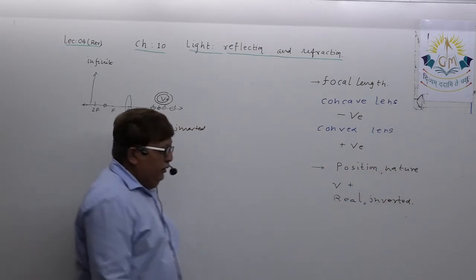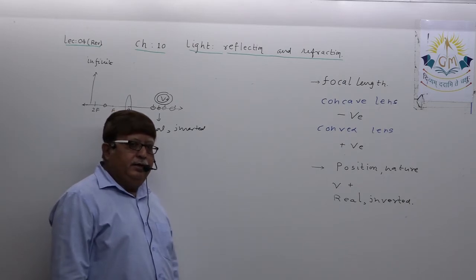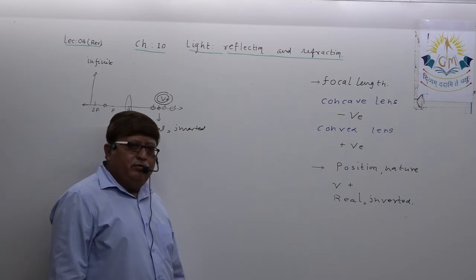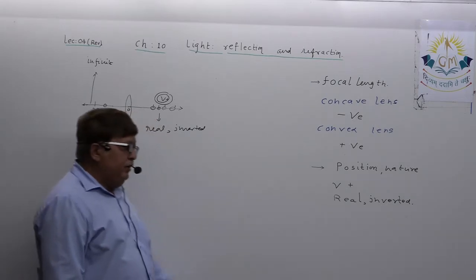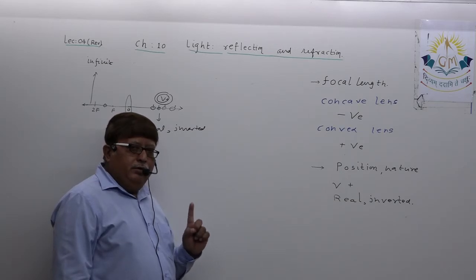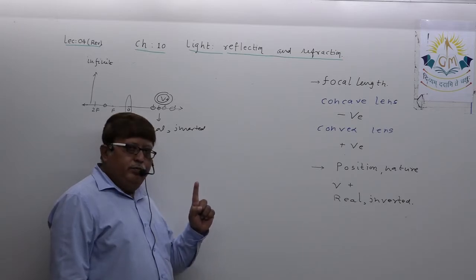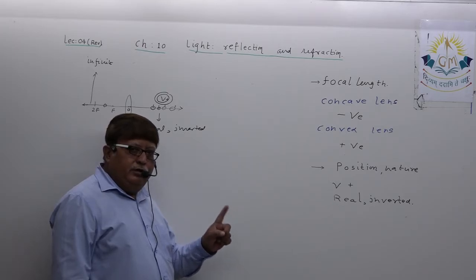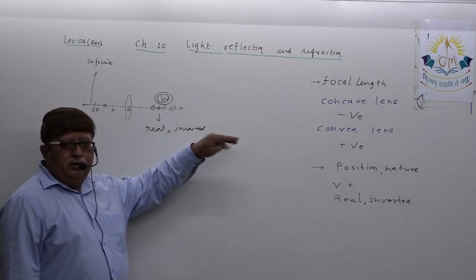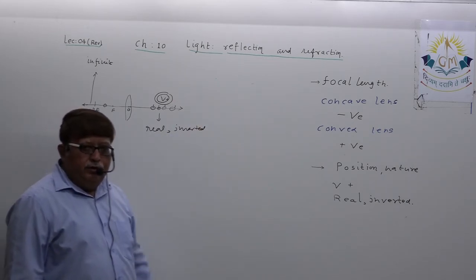Make one thing very, very clear: real and inverted. Larger, same size or smaller depends on the value of magnification. That's a different matter. But dear student, remember, whenever image distance is positive, image is real, inverted, on the other side of the lens. That's the basic fact you need to remember.